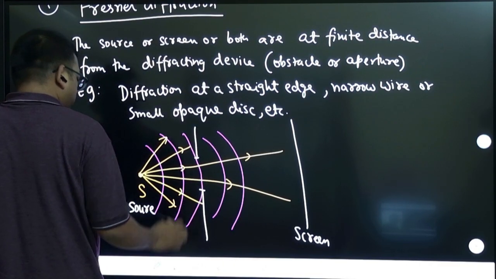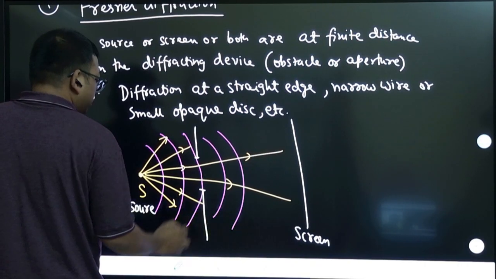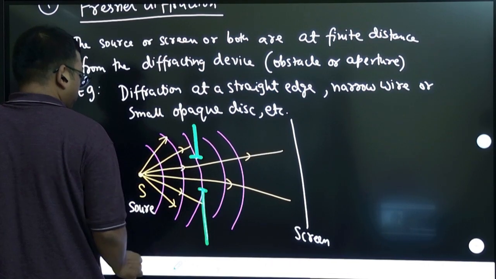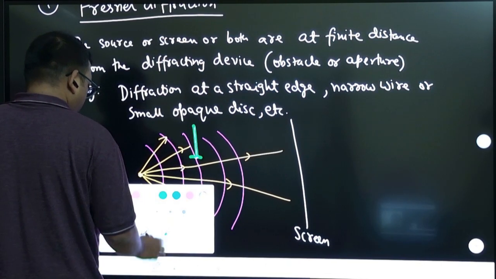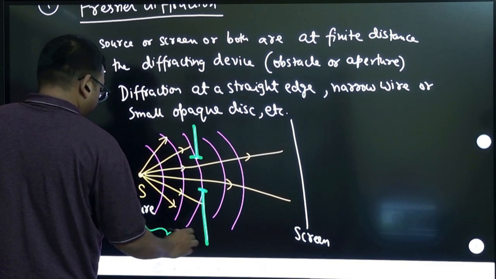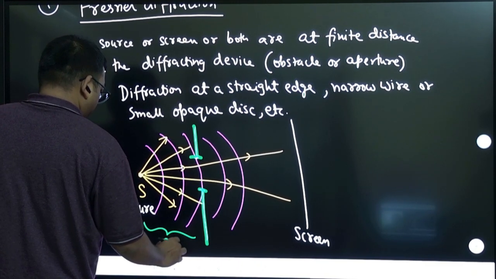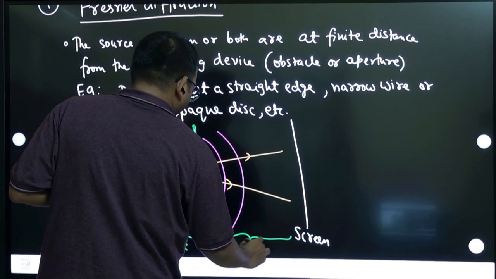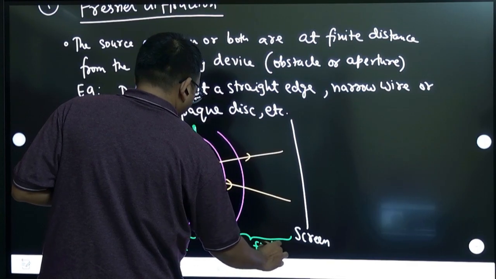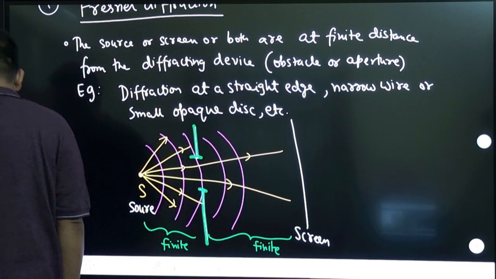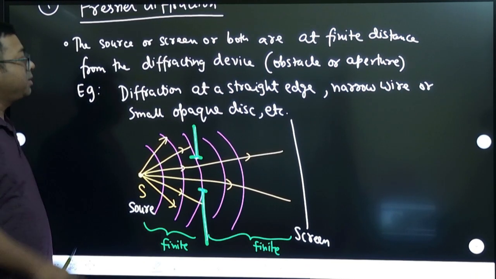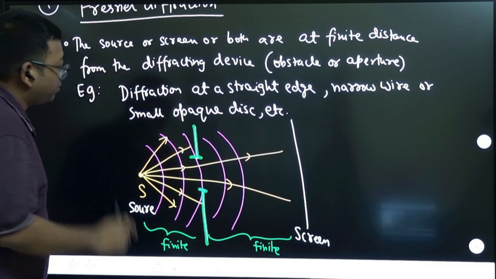So the source and screen are at finite distance from this aperture or opening. These distances are finite. This type of diffraction pattern is called Fresnel diffraction.